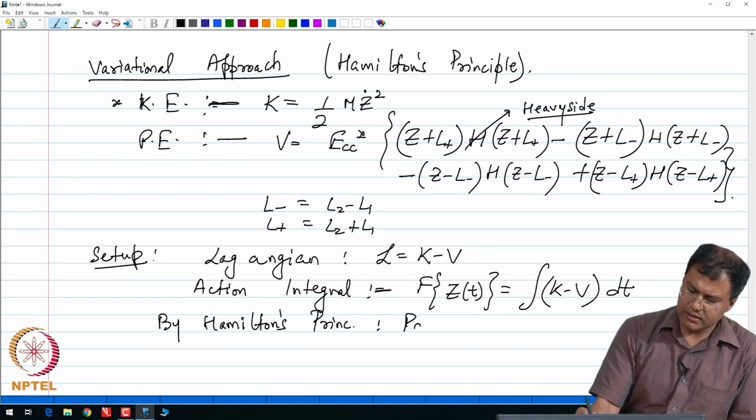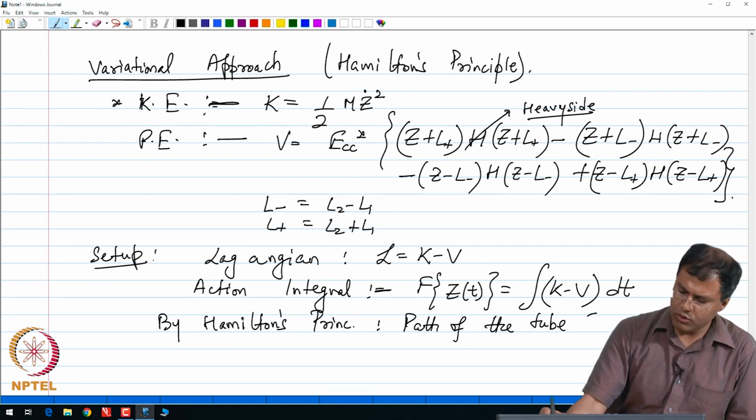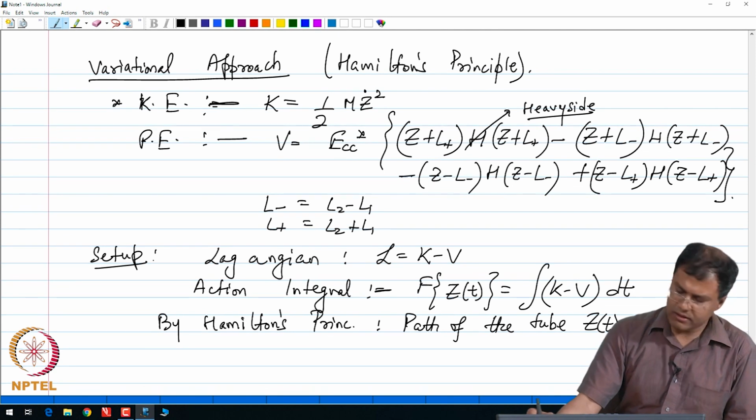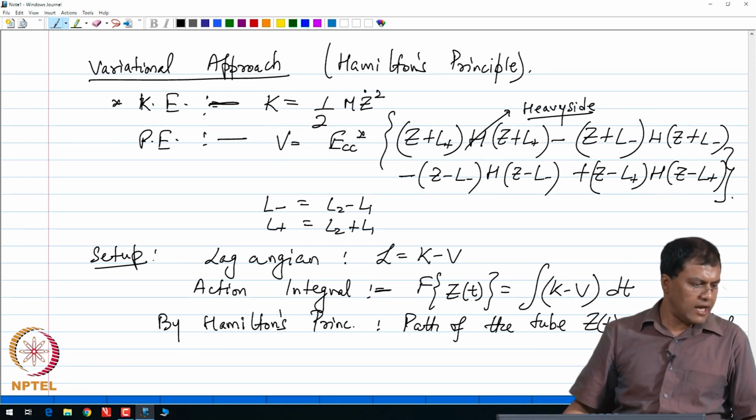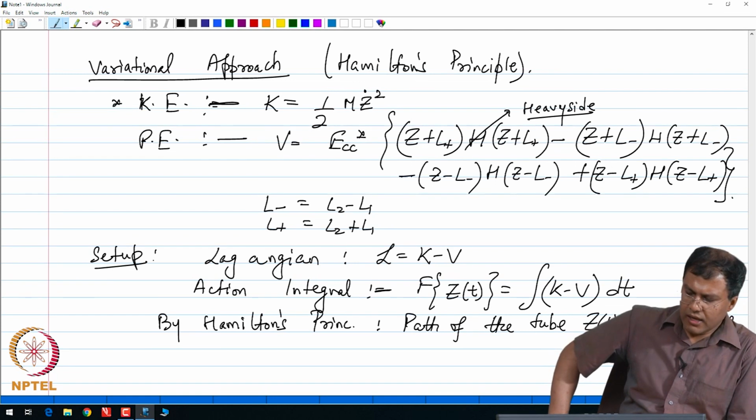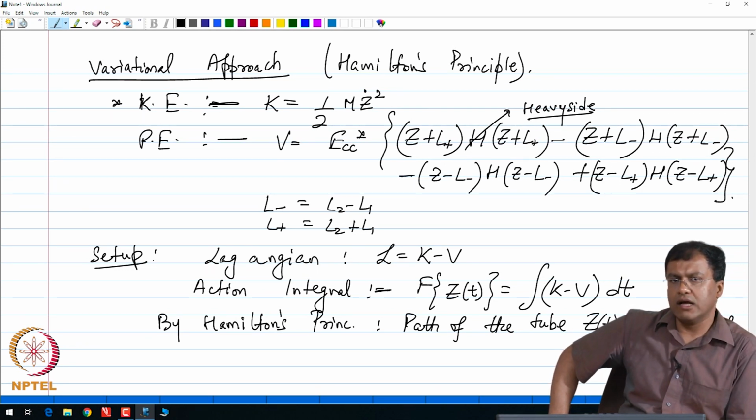So by Hamilton's principle, the path of the tube, z of t, is the extremal of the action. Next, we have to extremize the action integral, and let us begin with the Euler-Lagrange equation.